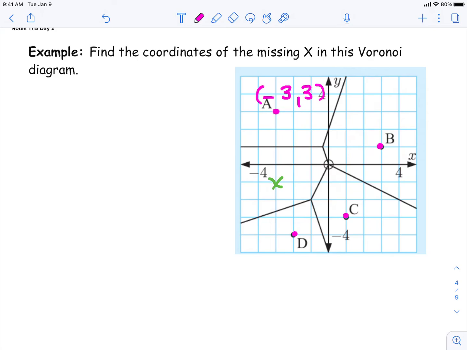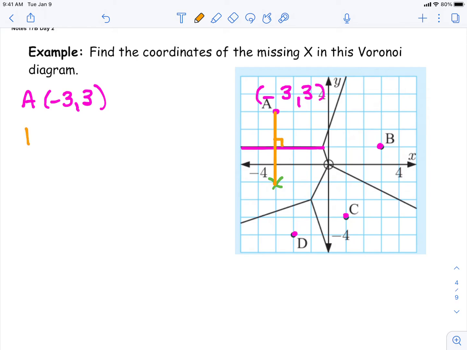So when we have point A, I'm just labeling it off to the side, we want to find out what is going to be the perpendicular bisector for this edge right here, this pink edge. So notice that it runs parallel. So to create a perpendicular line, we're going to be going at a 90-degree measure. So it's going to be straight up and down.